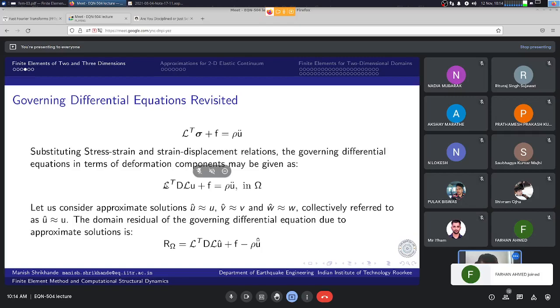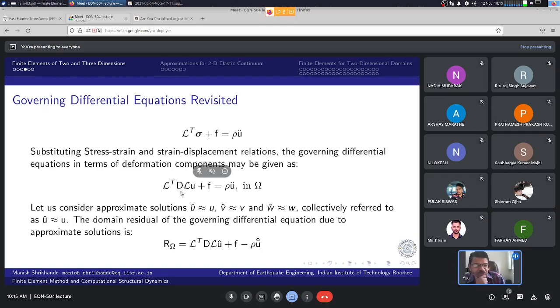So finding approximate solution, if we substitute for stresses in terms of displacements and express strains in terms of displacements and strains in terms of stresses using constitutive relations, we can transform these equations in terms of displacements by using these differential operators and constitutive relation matrix.